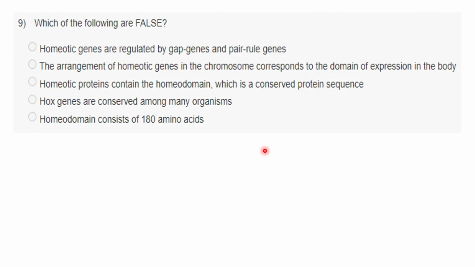Homeotic proteins contain the homeodomain, which is a conserved protein sequence. Hox genes are conserved among many organisms. Homeodomain consists of 180 amino acids. So out of these 5 statements, which statement do you think is a false statement? And this is generally about Hox genes or homeobox genes.